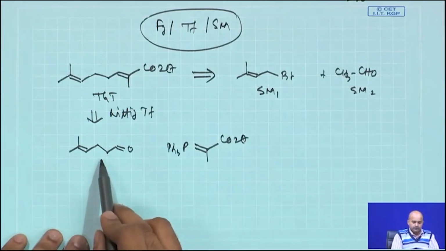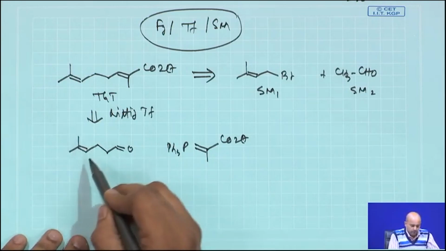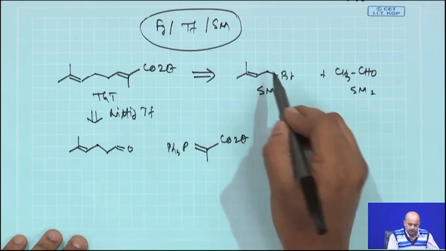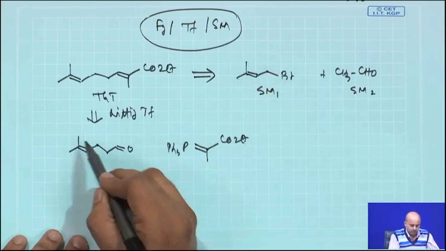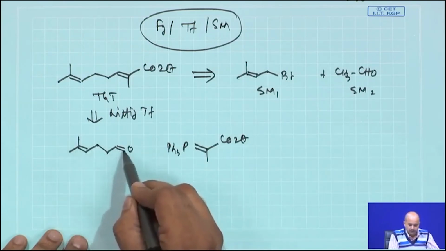Now, if you count the carbons in this intermediate, this part is coming from this part, 1 2 3 4 5, 1 2 3 4 5, and the remaining part is basically your acetaldehyde.